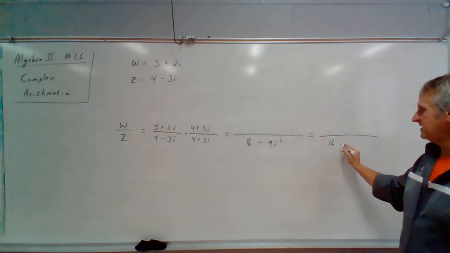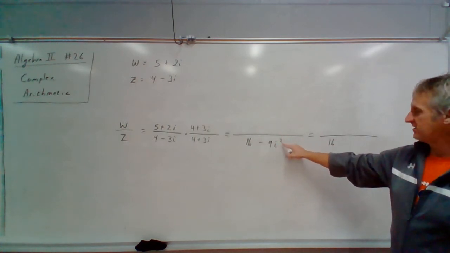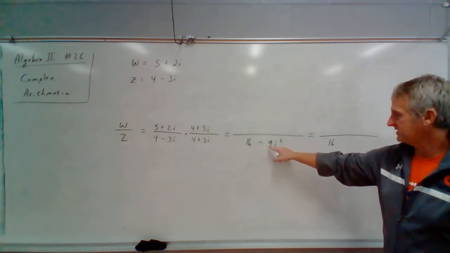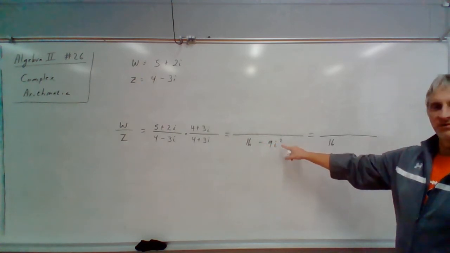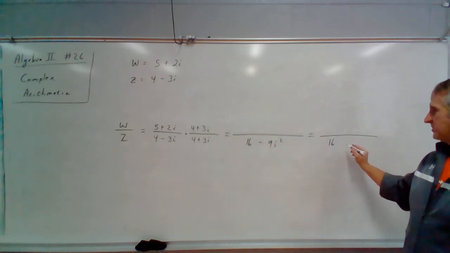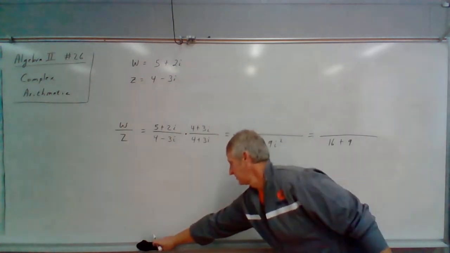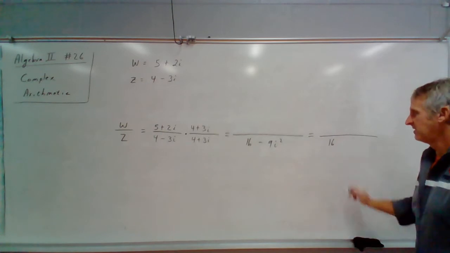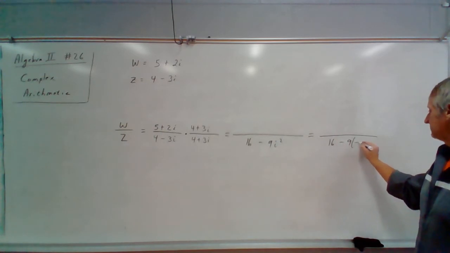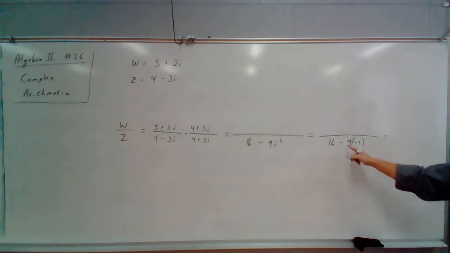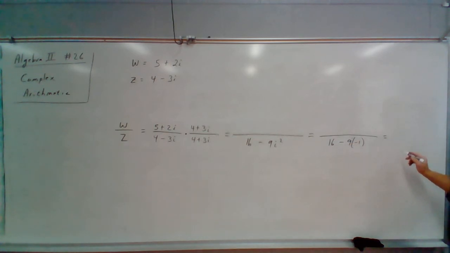I'll have 16. Remember, i squared is negative 1. So I have minus 9 times negative 1. So that'll be plus 9. So that's 16 plus 9, which would be 25.